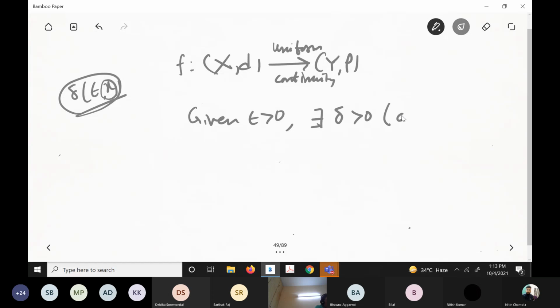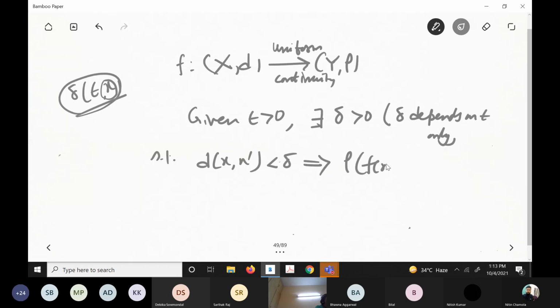Here you should write delta depends on epsilon only, such that, as long as the distance between x and x prime, I have not chosen x and x prime, but whenever you have this, you have this, where x prime belongs to the set.